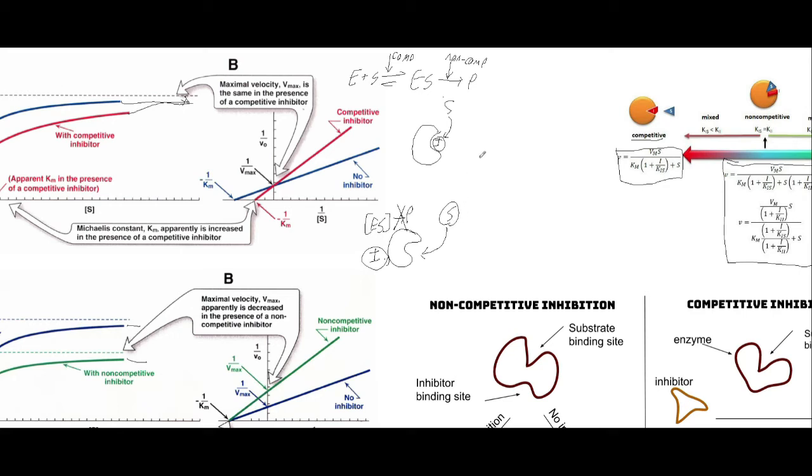But then you can use these equations here to calculate what your V is anyway, given that you know your concentration of inhibitor, which is what this is here, and you know what your inhibitor binding affinity is.